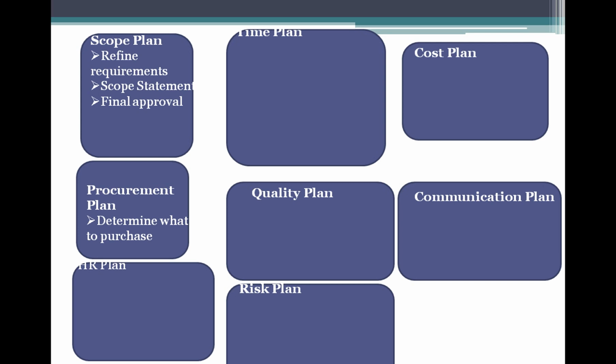For goods and services, he does the make or buy analysis: can we make these services within the organization for this project, or do we get these goods and services from a third party by contract?